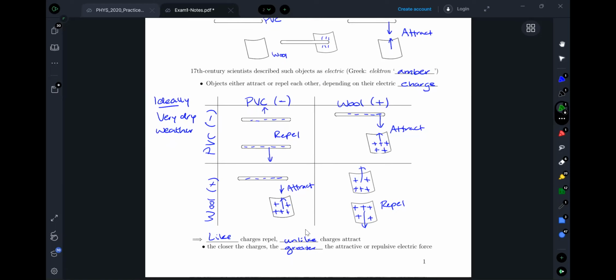Two things to think about. Induction and humidity. So what does humidity tend to do to charged objects? And why it's been so unfortunate how humid it's been lately as far as our class goes.